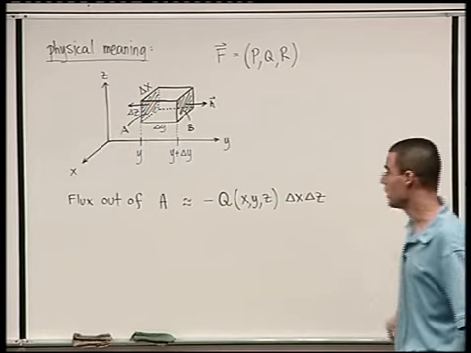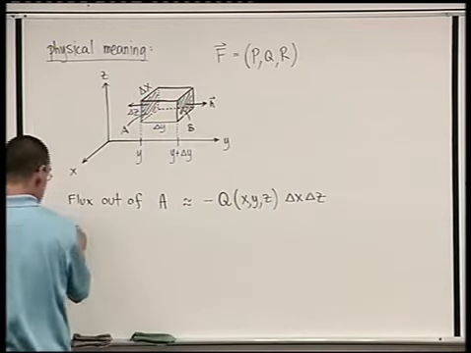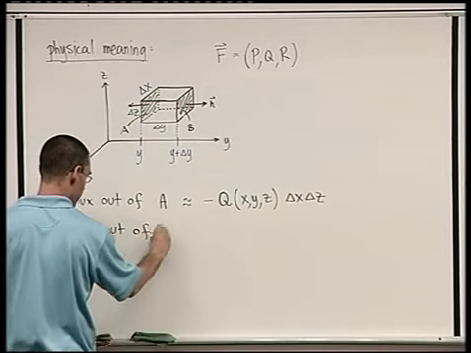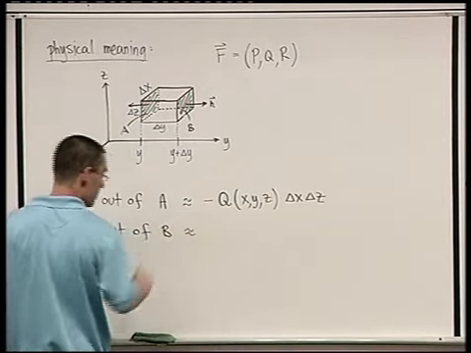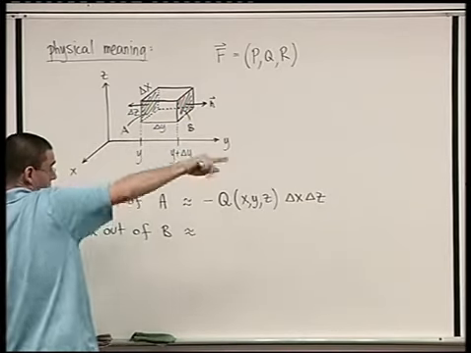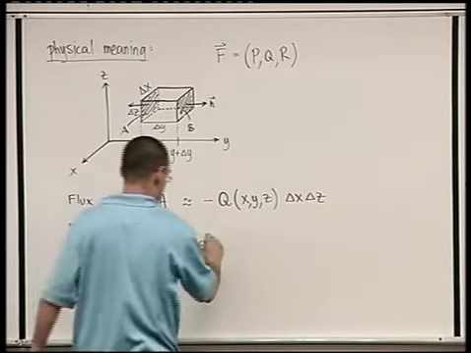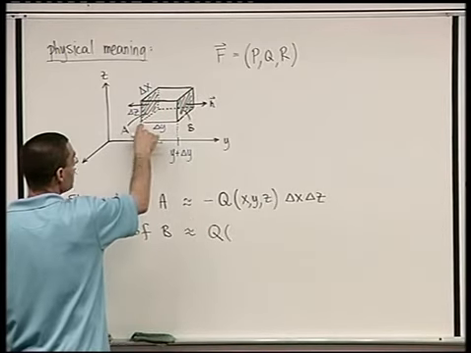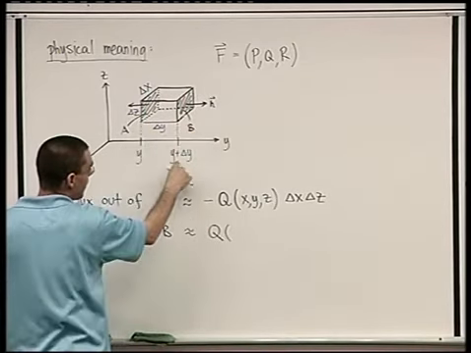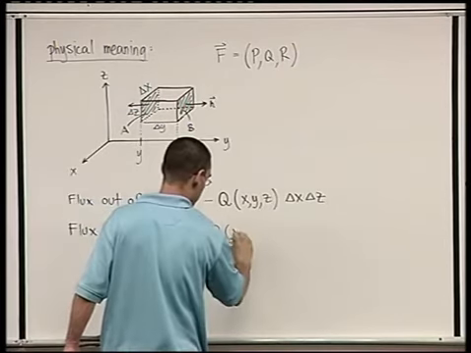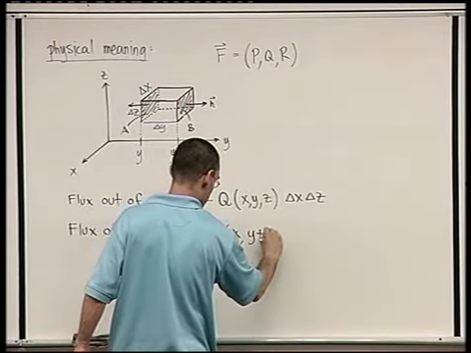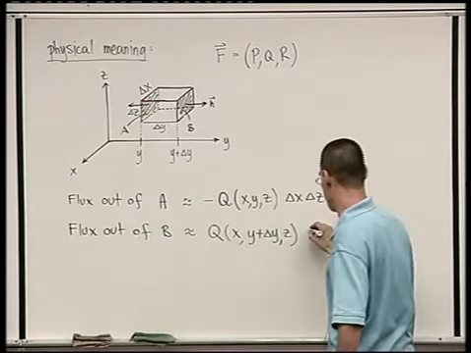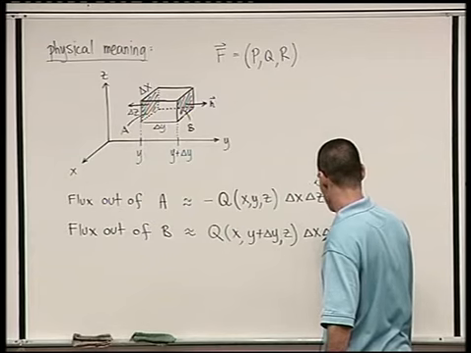Good? Okay. The flux out of B is approximately, there's not going to be a minus, it's just the regular positive direction, so it's q, not at x, y, z, which is this point, but at x, y plus delta y, z, times the area of B, and the area of B is still delta x times delta z.